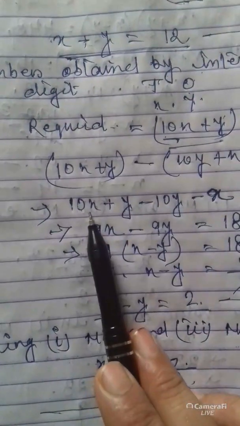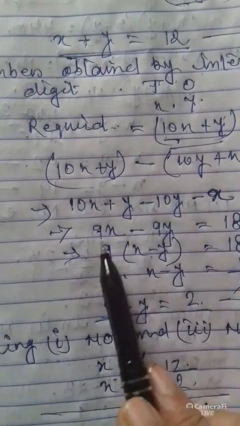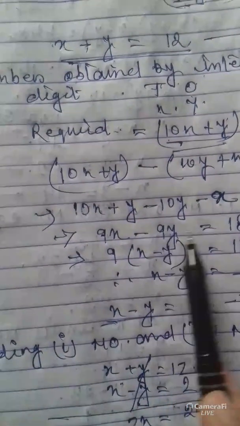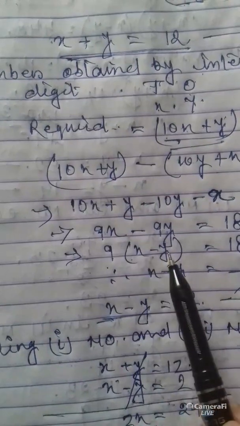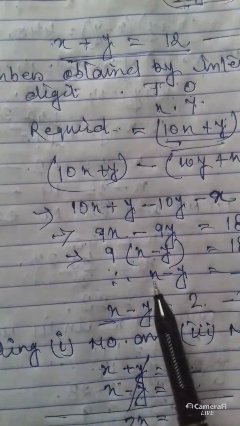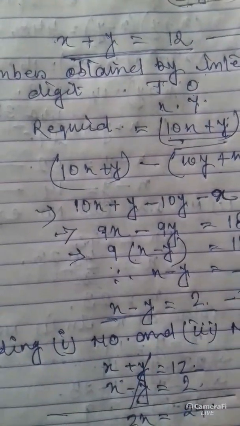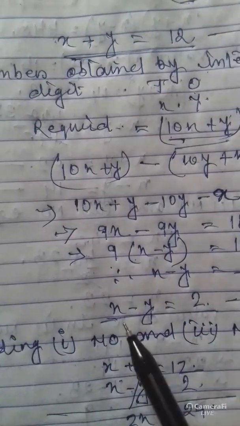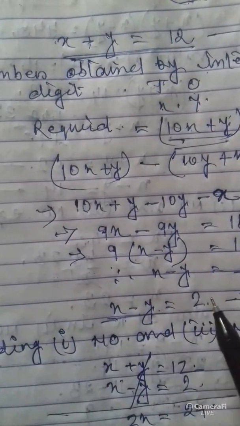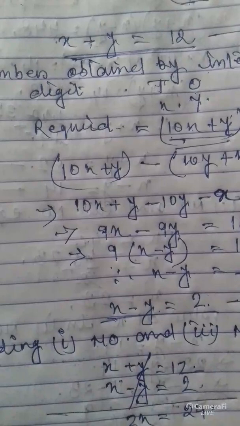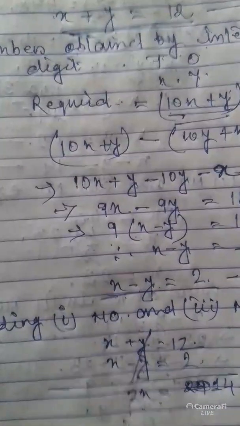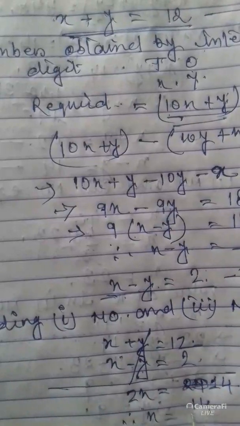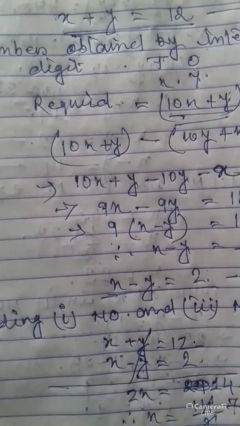So 10x minus x, 9x minus 9y equal to 18. 9 common, x minus y equal to 18 by 9, which means 2. So x minus y equal to 2. Then 2x equal to 14. Therefore x equal to 14 by 2, which means 7.